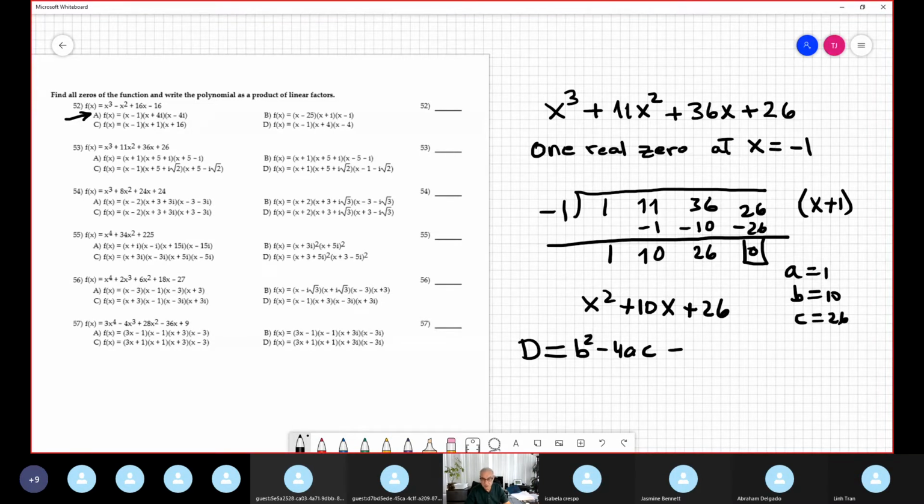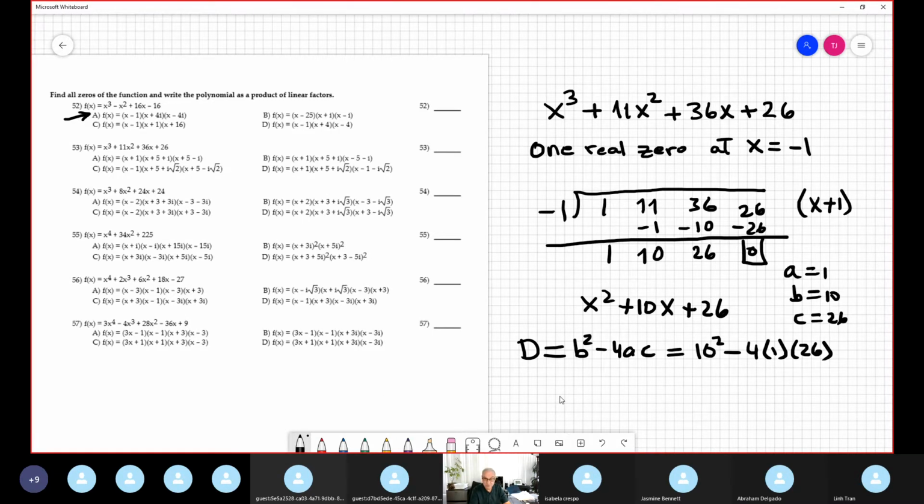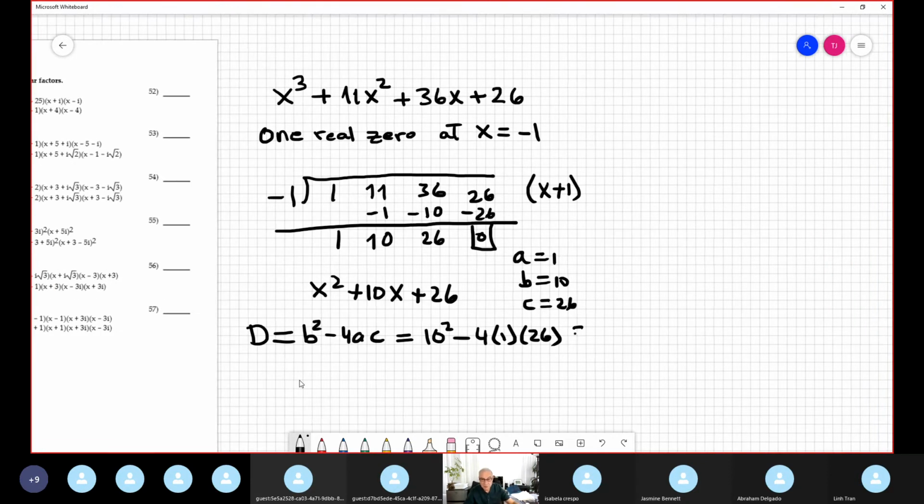Okay, let's do it. 10 squared is 100, minus 4 times 1 times 26. 26 times 4 is 104, and the answer is -4. See, it's negative, it's complex for sure. But I need to detect it.